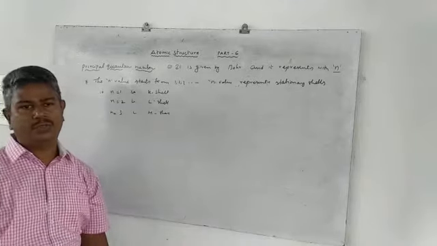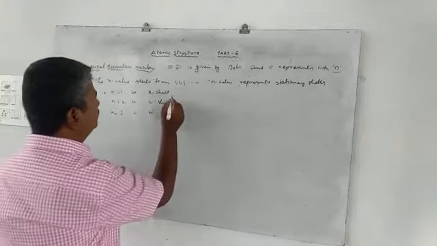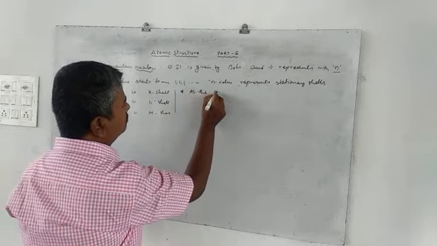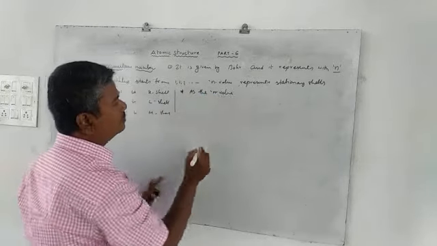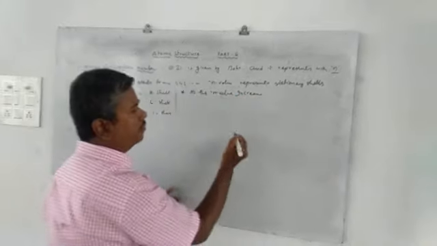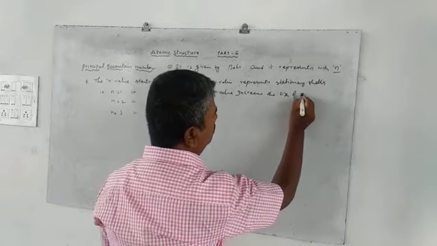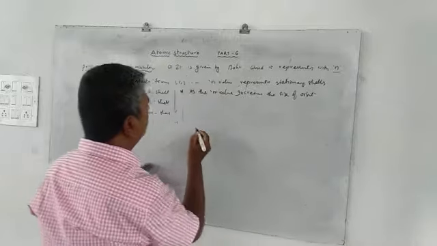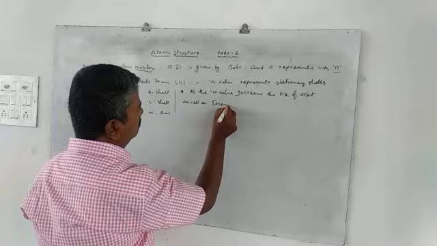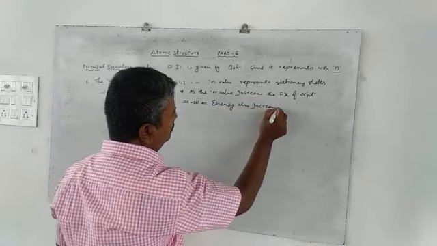M shell. So as the n value increases, what happens? The size of the orbit as well as the energy also increases.